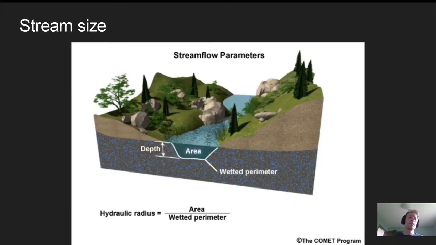Now, how these dynamics occur is most simply related to stream size. And stream size can be defined by the depth of a stream and its wetted perimeter, which together create its area, the area of the water body that actually makes up the stream.